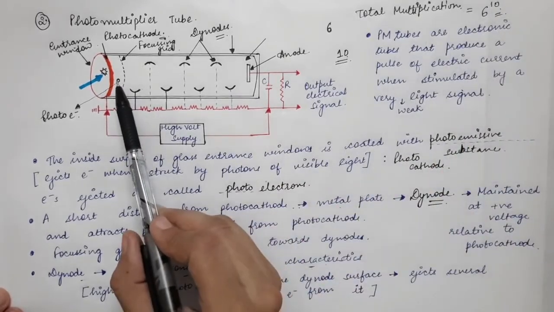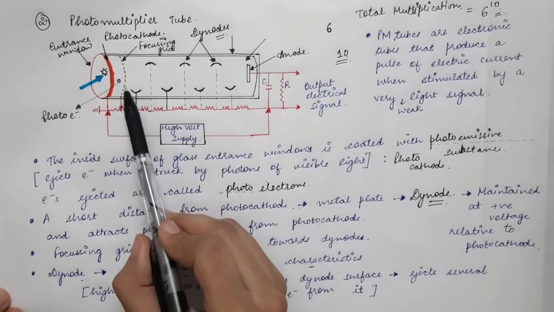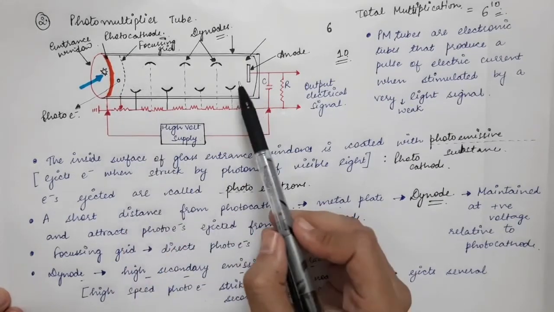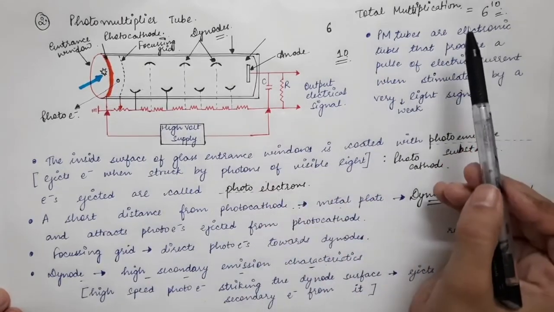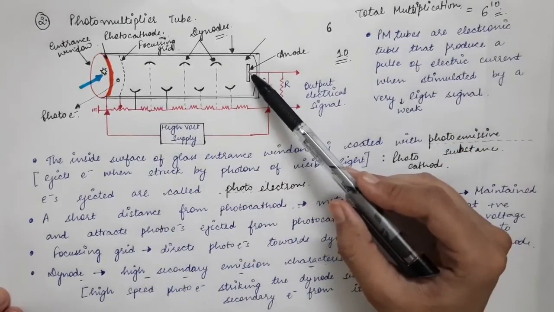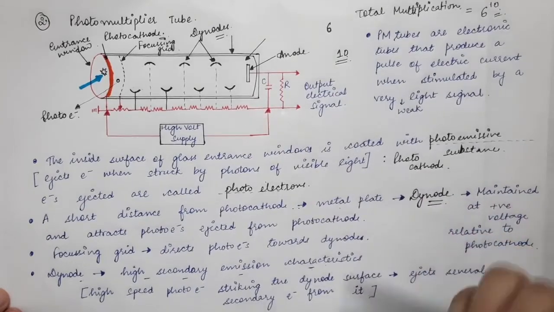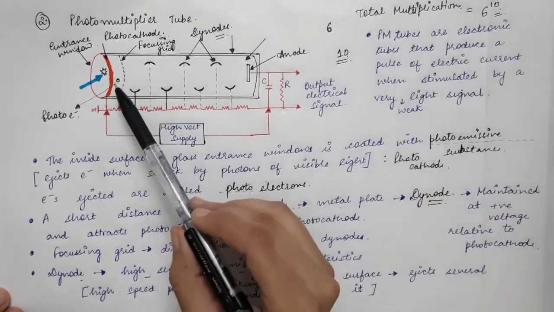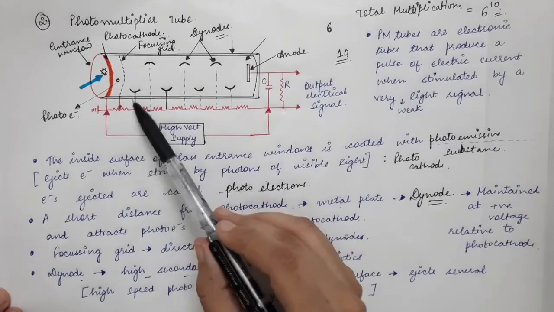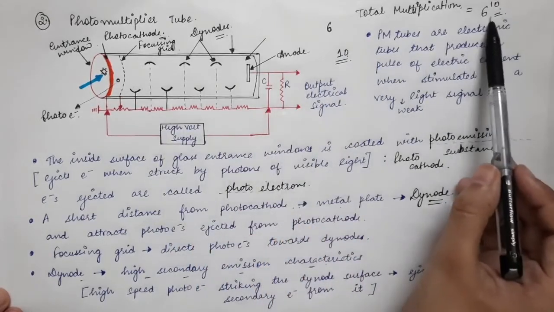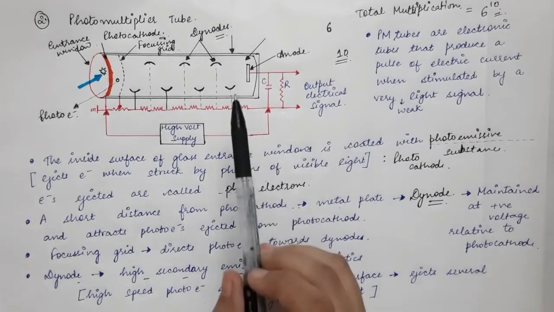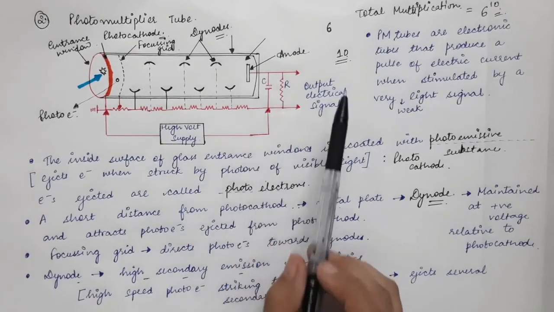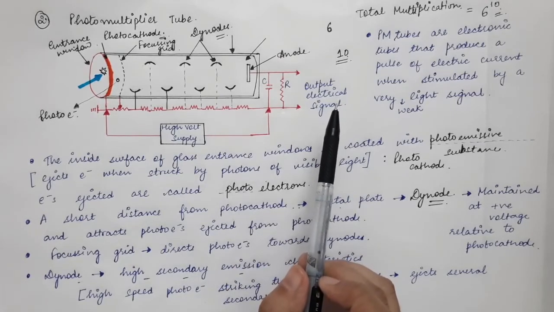It means that if 1 electron reaches the first dynode, then from the 10th dynode you will have 6 power 10 electrons reaching the anode. So you can clearly see how the number of electrons has increased by a large amount. This is the working of a PMT. From this PMT, the electrical signal is taken into the counting device, in which it is amplified and then recorded.